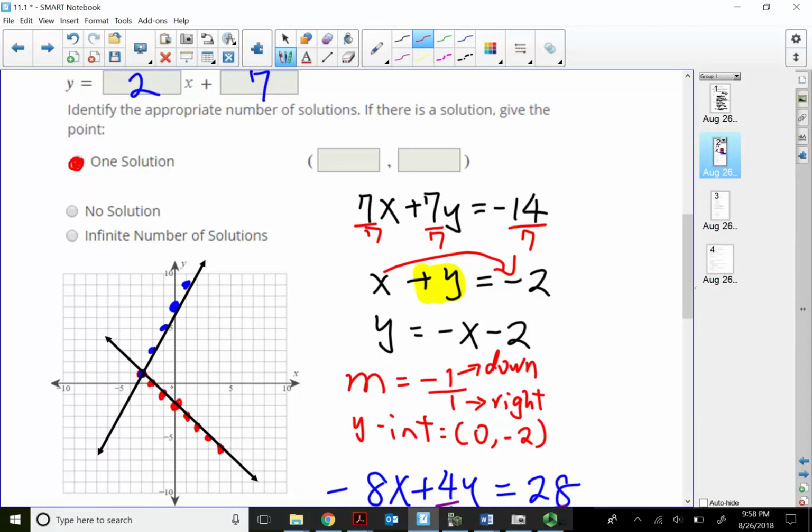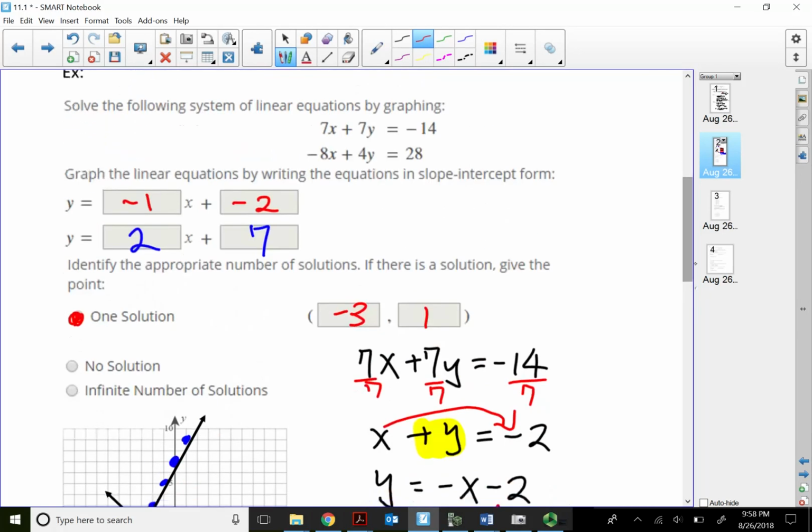So this point of intersection is negative 3, comma, positive 1. This point is the solution to the entire system, because only negative 3 for x, positive 1 for y will satisfy the entire system. All right.